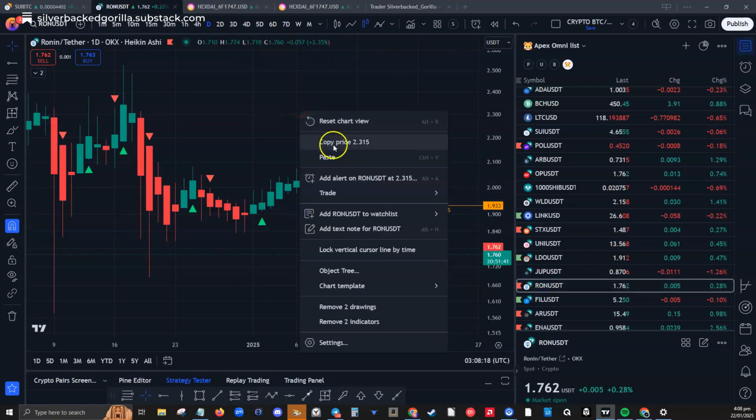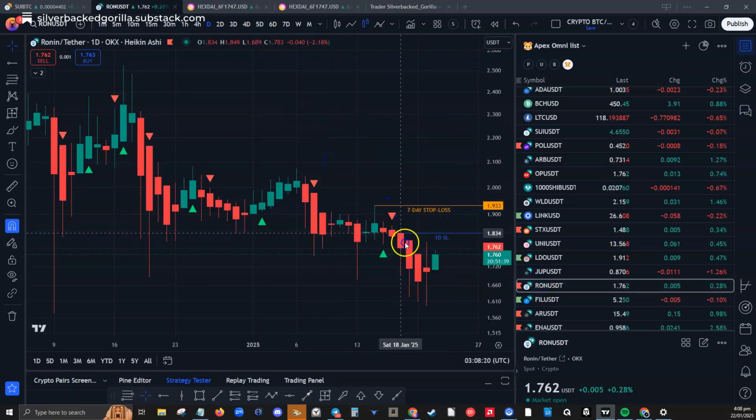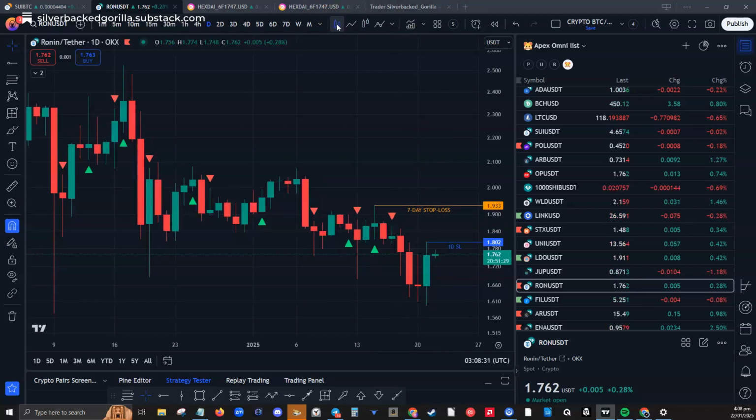Ronin. Ronin is a sell on the weekly, and it's a sell on the daily inside a current sell indicator. So 3 confluences to sell. How do we look upon this? Well, it's a pretty good attempt at a candle, but that's a hard one.